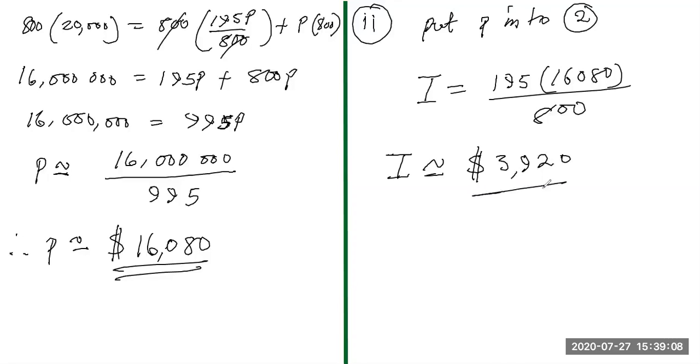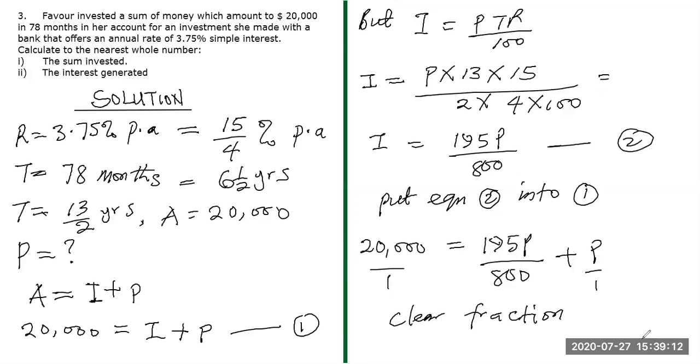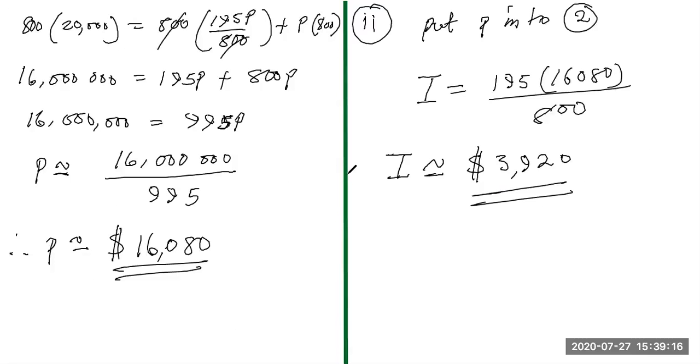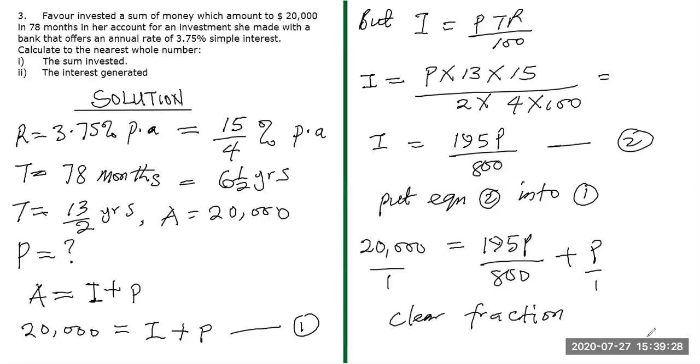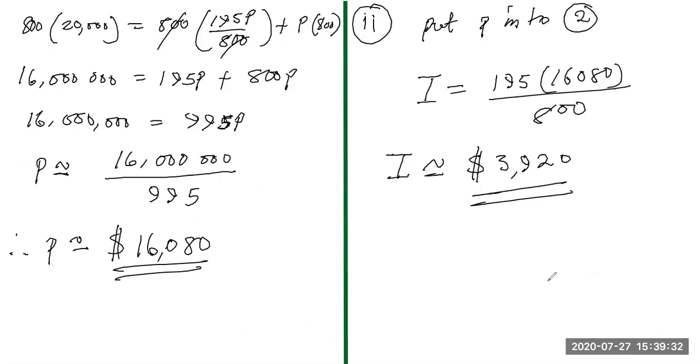So this is the interest generated. All right, so that is the interest generated for the 6.5 years or the 78 months. Any question? Any question? All right, perfect. Well understood.